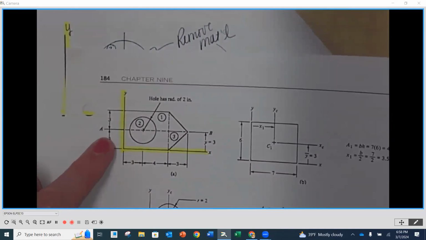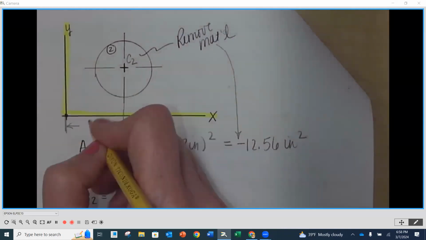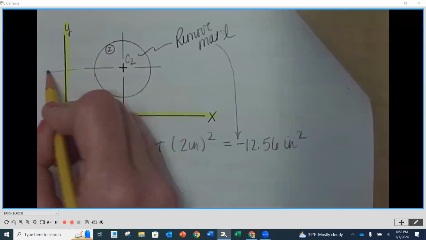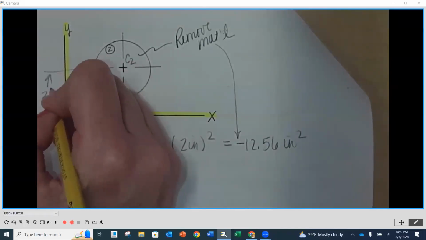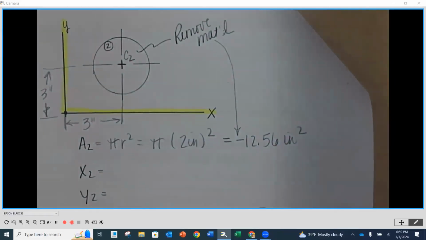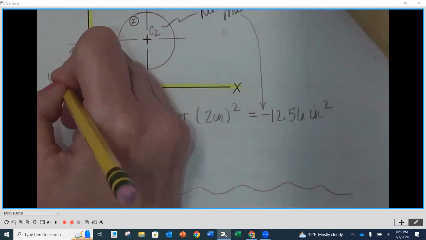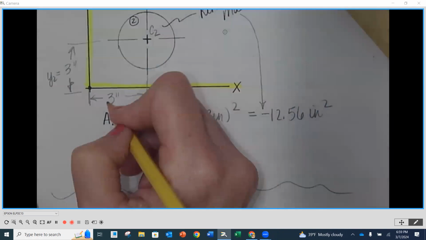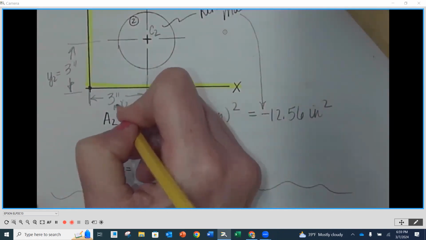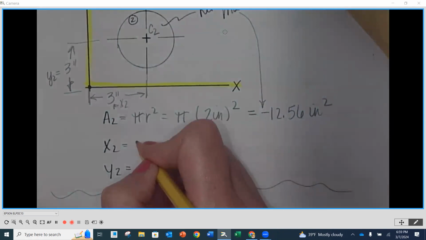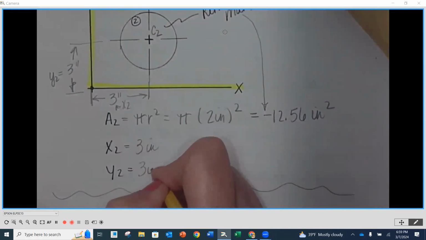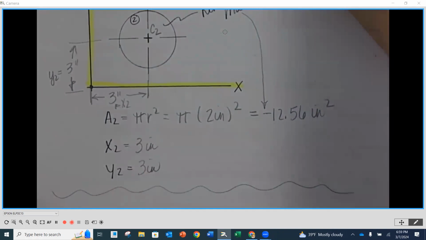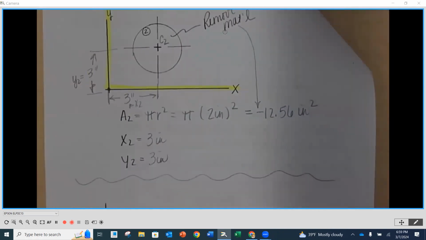And then I might as well grab that dimension right away. It's 3 inches up. So my Y2 is going to be my vertical. And my X2 is going to be that horizontal distance. So we can just say 3 inches, 3 inches. So we've got our area, negative 12.56 inches squared. And we've got our X and our Y values from the reference axis.